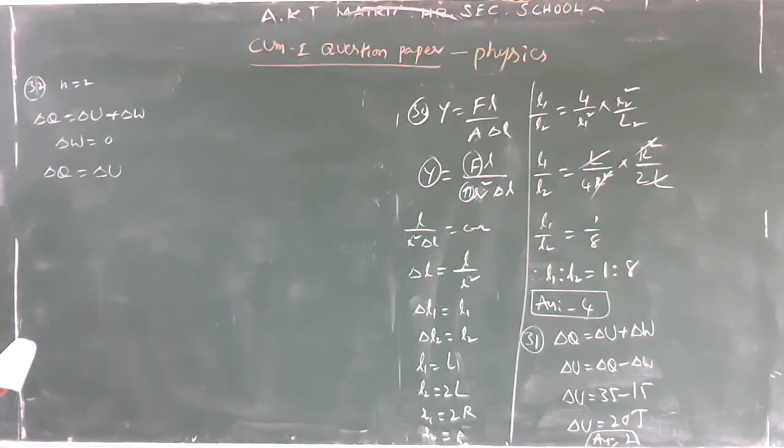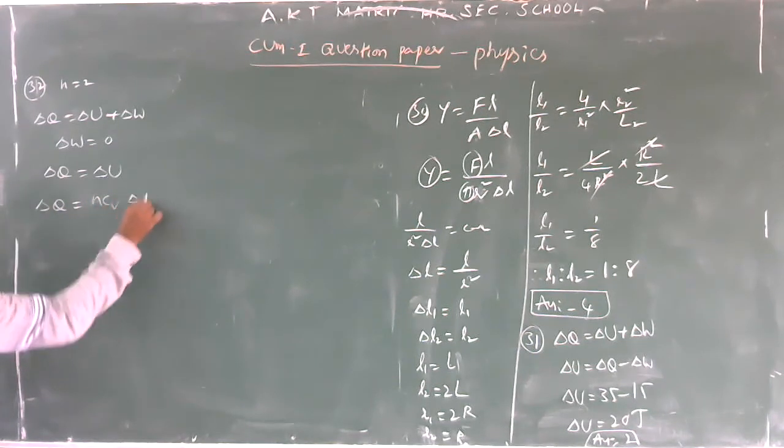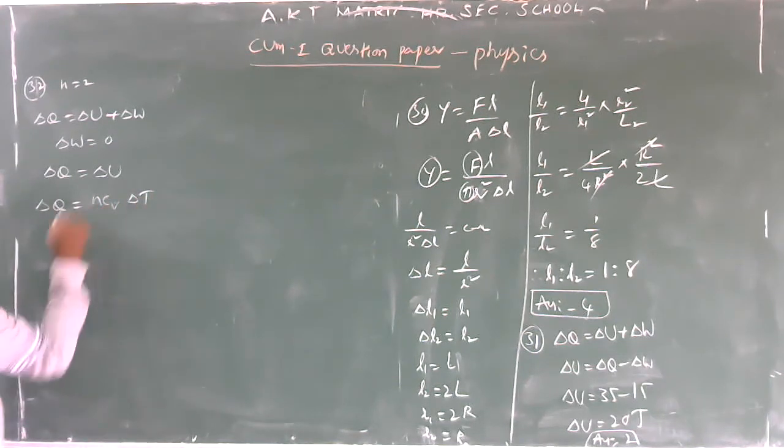Next, in the same question, no work is done means the process is which process? Isochoric process. In an isochoric process, the amount of heat delta Q is equal to n Cv delta T. Here what is Cv?